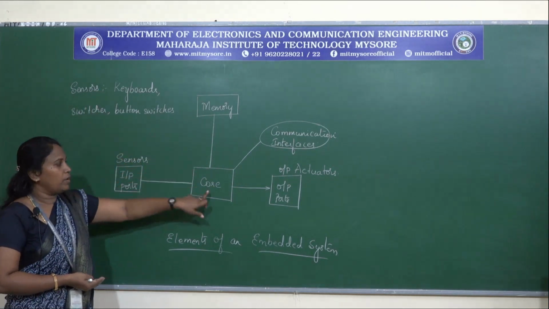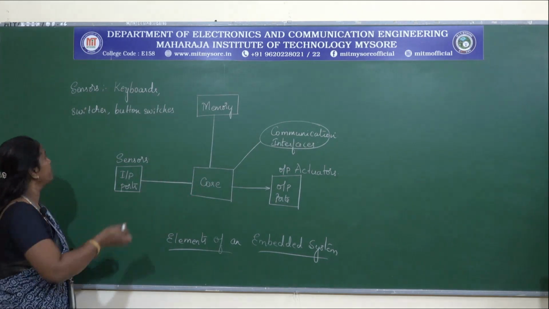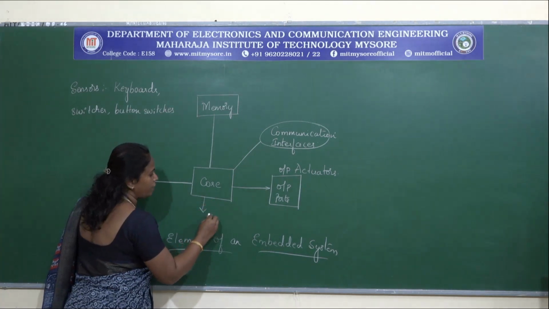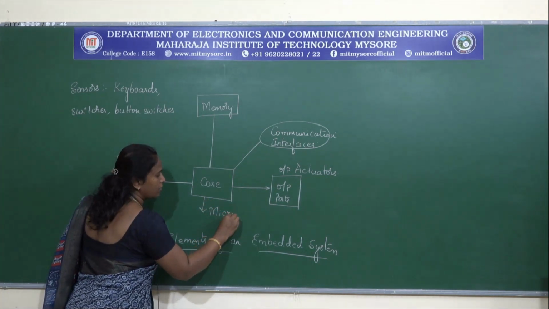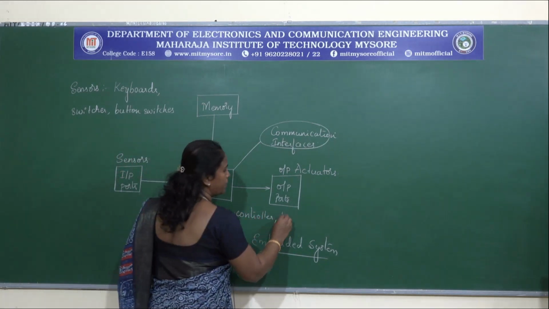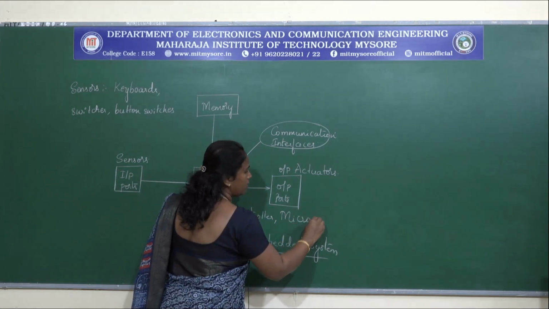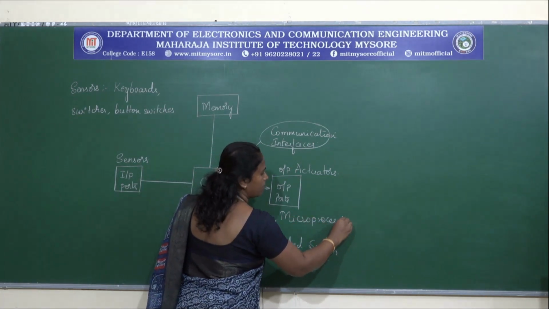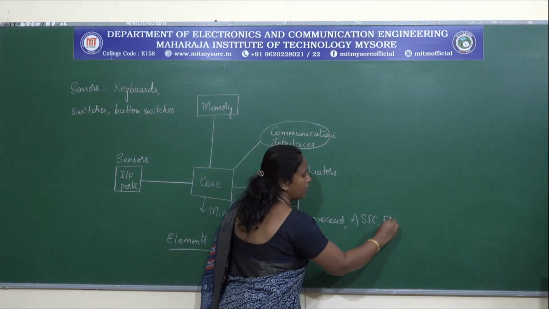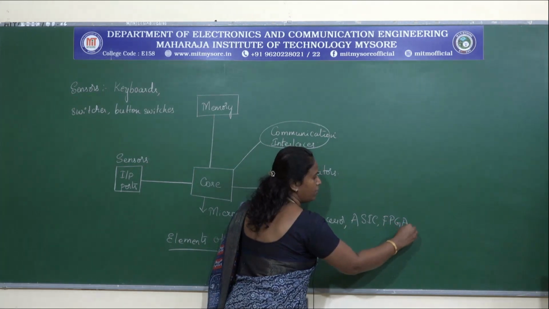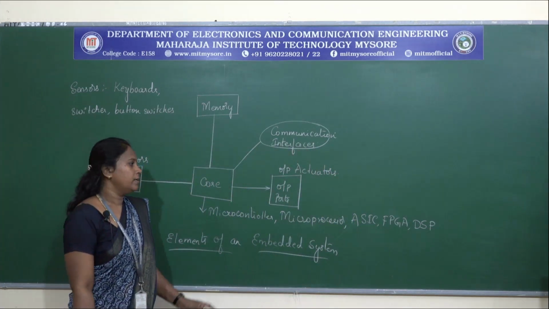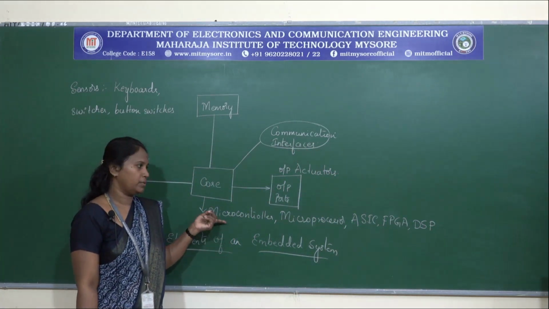Then we have what we call the core of the embedded system. With respect to the core, we can have a microcontroller, a microprocessor, or an ASIC, or an FPGA, or a DSP, that is, a digital signal processor.